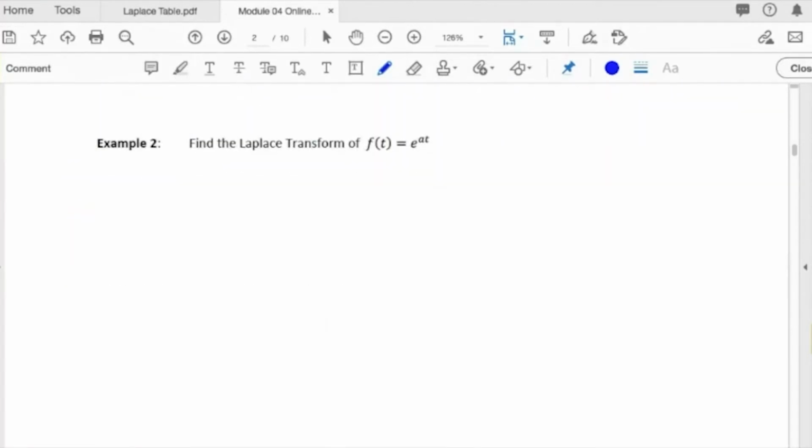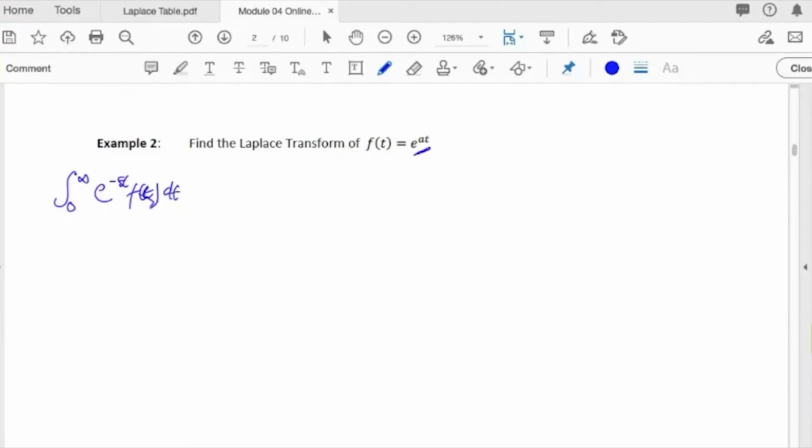For the second example, we look at the transform of e to the power of at. Again, we start with the mathematical expression, where we have the integration from 0 to infinity of e to the power of negative st times f(t) dt.